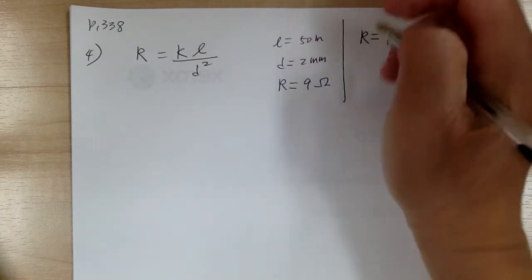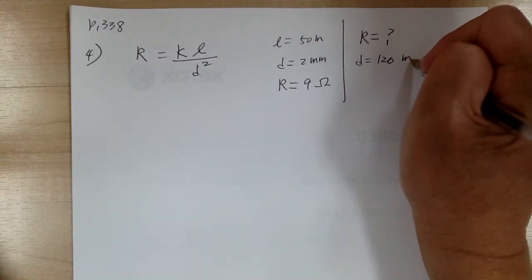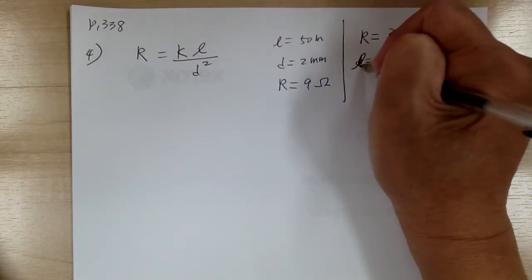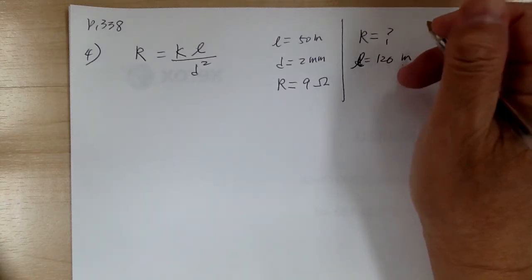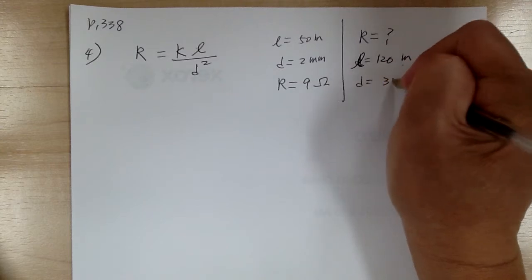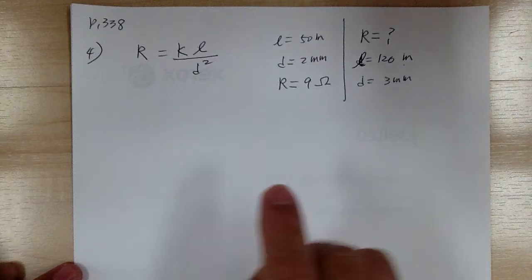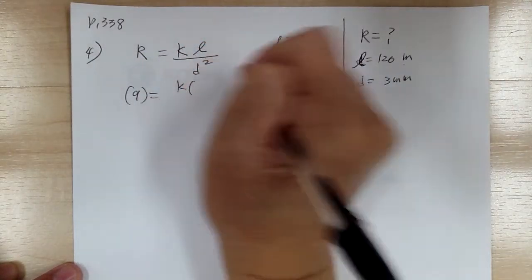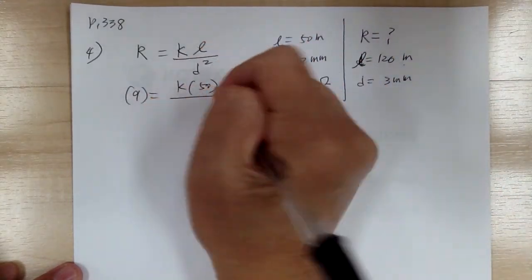Find the resistance of 120 meters of wire of the same material if the diameter is 3 millimeters. Same thing, let's substitute everything to look for K. So you get 9 equals K times 50 over, now you don't have to worry about labels since they're all the same, so they will all work out.